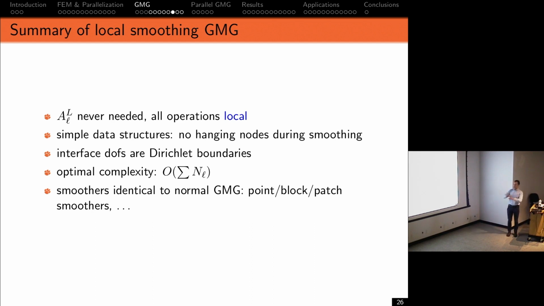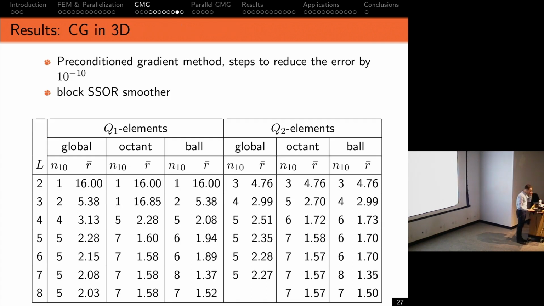Otherwise, the method works identically to a normal geometric multigrid that you know. You can use all kinds of smoothers, and everything works out. So just to convince you that that works, you don't have to look at all the numbers, but this is a conjugate gradient for a 3D problem, with a block SSOR, different finite element degrees, and different refinements: global refinement, refining into a quadrant, different refinement levels.